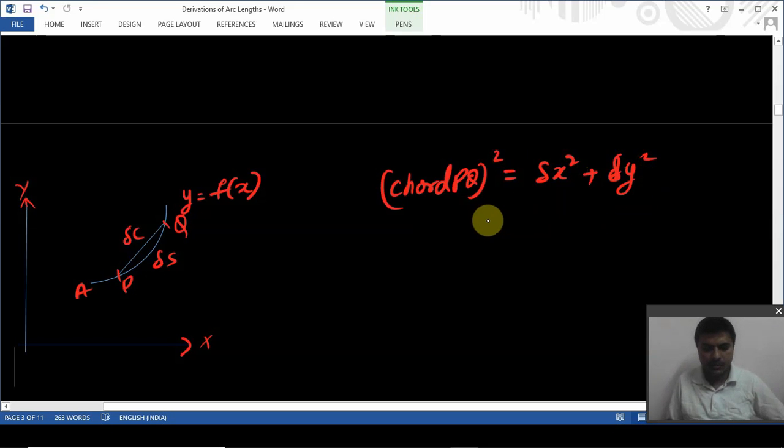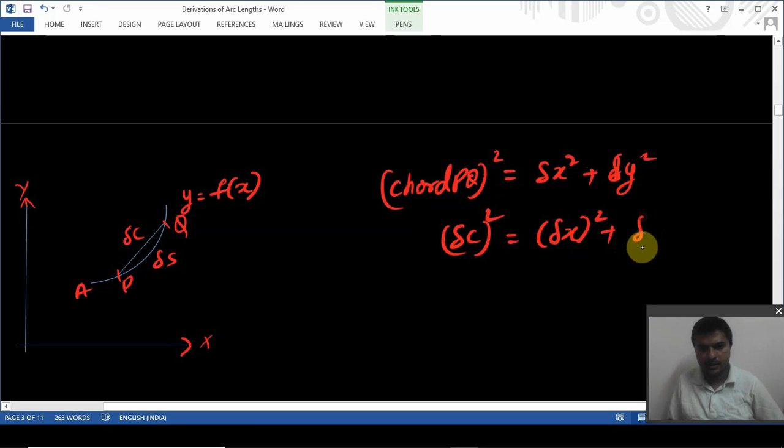Then if you simplify, chord PQ, which we have already taken as delta C, the whole square is equal to delta x the whole square plus delta y the whole square. Now you just simplify this equation, and you will get the derivation of arc length in Cartesian form. So let us see.